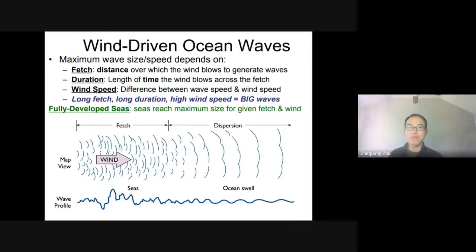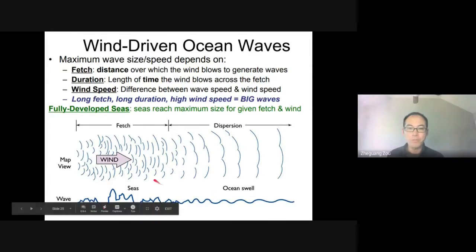After that, we talked about one of the most common surface waves: wind-driven ocean waves. Some people call them wind-driven sea surface waves. These waves are generated by wind or storms, that is, atmospheric disturbance.